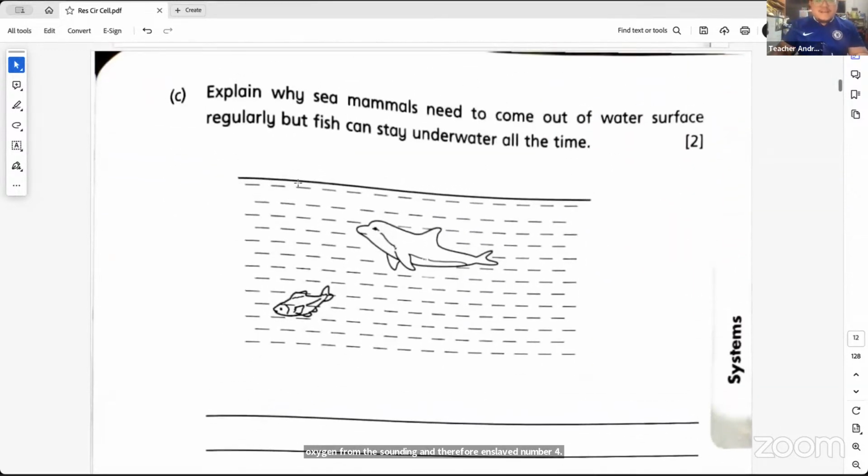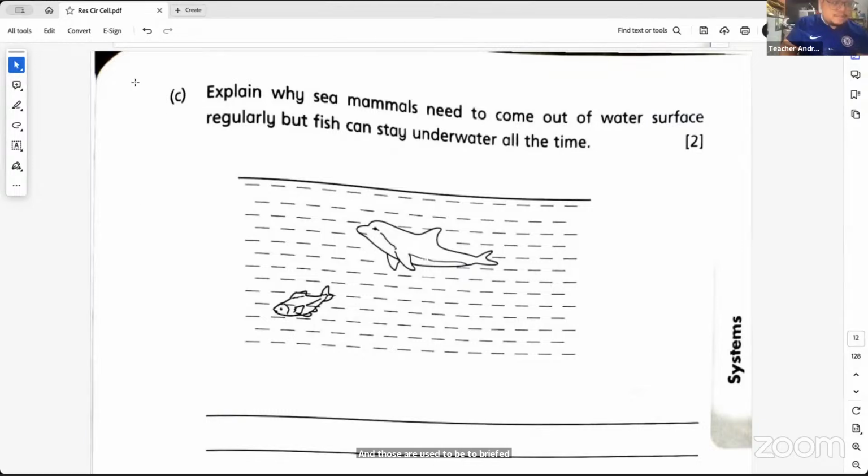Next question. Explain why sea mammals need to come to the water surface regularly, but fish can stay underwater all the time. Can I have a volunteer, please? Yes, Stella. I think the reason sea mammals need to come up is that they are still mammals, and mammals have lungs, which are used to breathe.